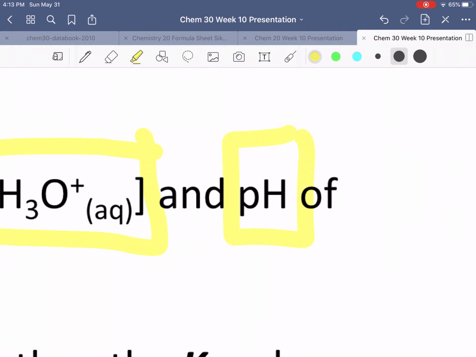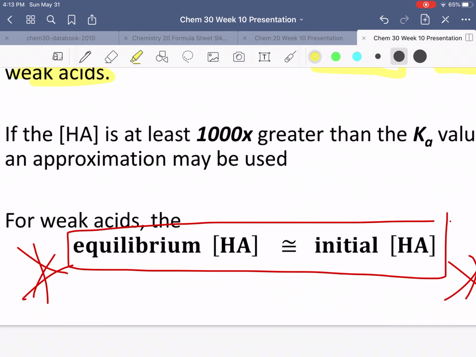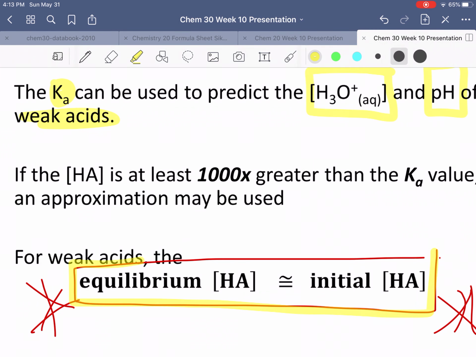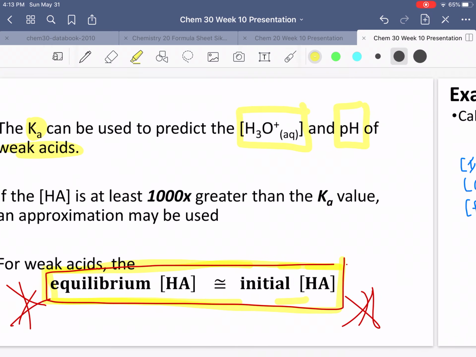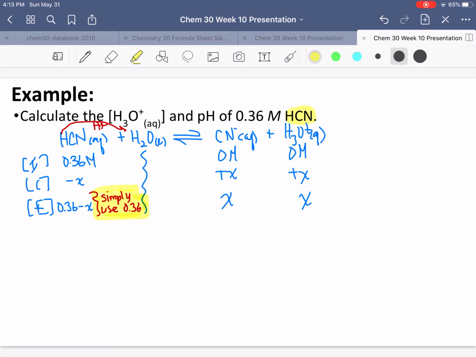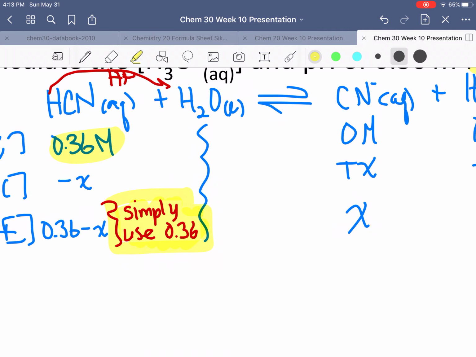That is the point that is being made here: we say the equilibrium acid concentration is going to be the same as the initial acid concentration. In other words, we are going to use that 0.36 again. That's key. Okay. Well, now what?